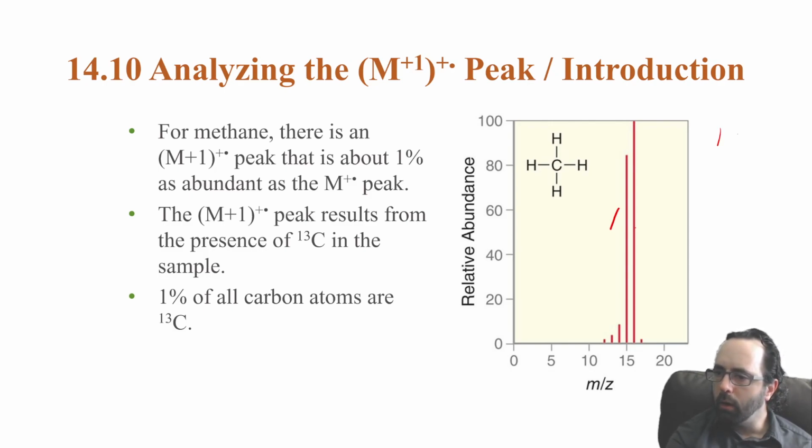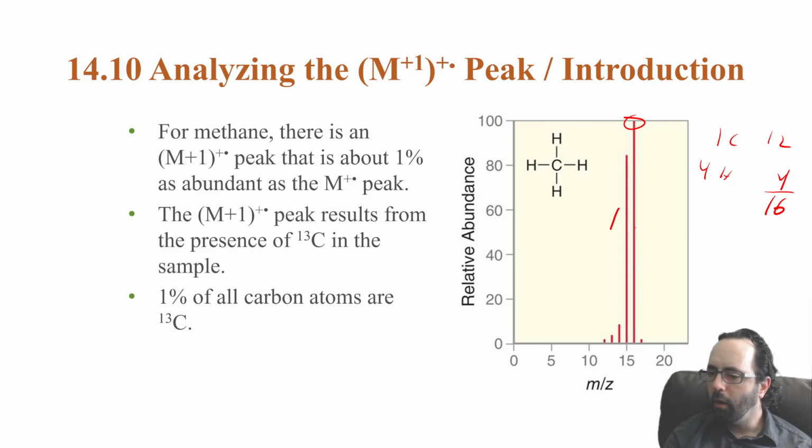So if we have 1 carbon, which weighs 12, and 4 hydrogens, which weigh 4, that's a total mass of 16. And so we see our mass over charge here, our mass at 16 is the highest. But we've also got a little one here at 17, and that one is due to carbon-13.